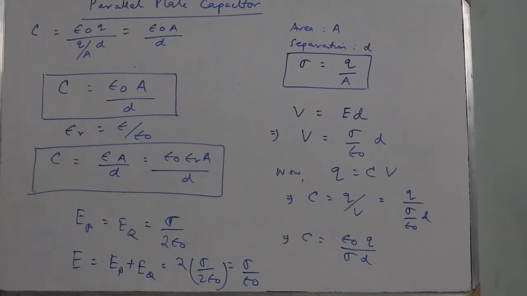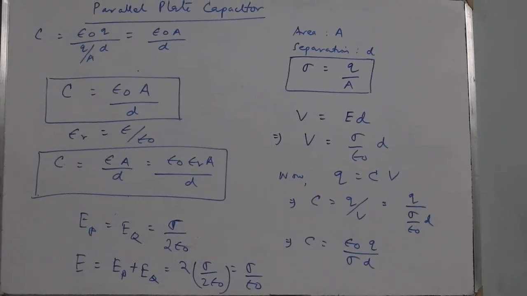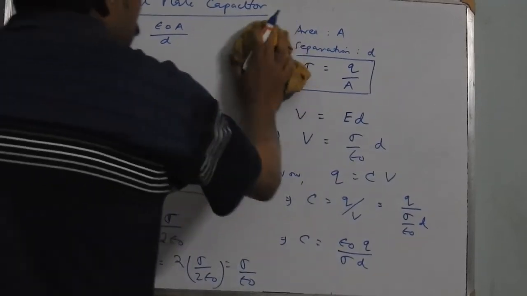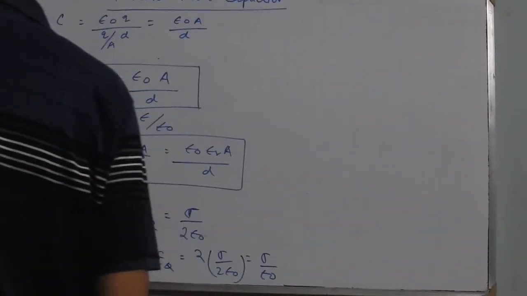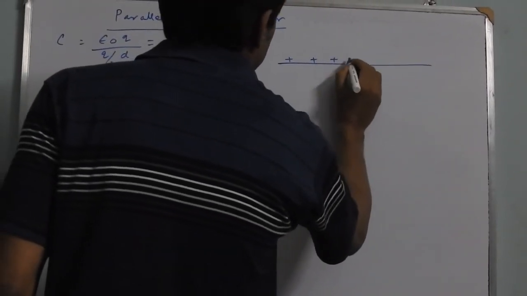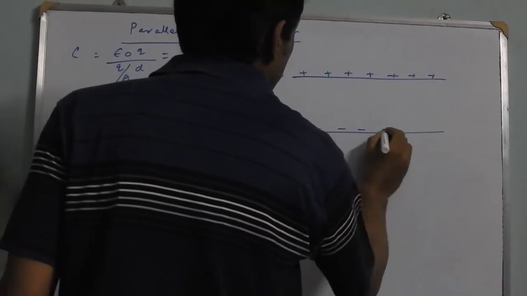We could have achieved this particular result, V equal to E into d, in a different manner. Let me show that too. So this is the positive plate and this is the negative plate.